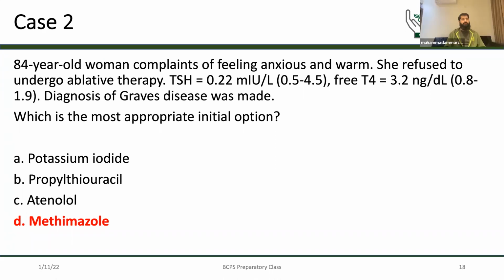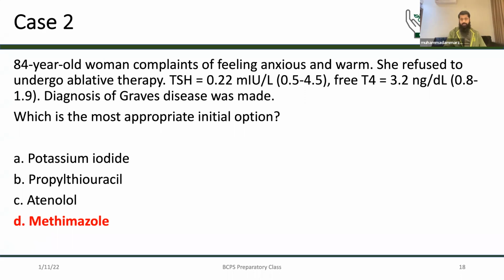For example, if we modify this case, like the patient is a 36 years old woman complaining of feeling anxious, then it's definitely important to take history from the patient, whether she is pregnant or not, whether it's the first trimester of pregnancy or not, because in the first trimester of pregnancy, the safety of methimazole is not there. We have to consider propylthiouracil in the first trimester of pregnancy.